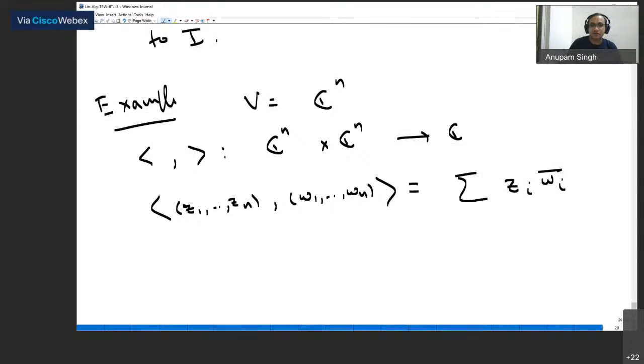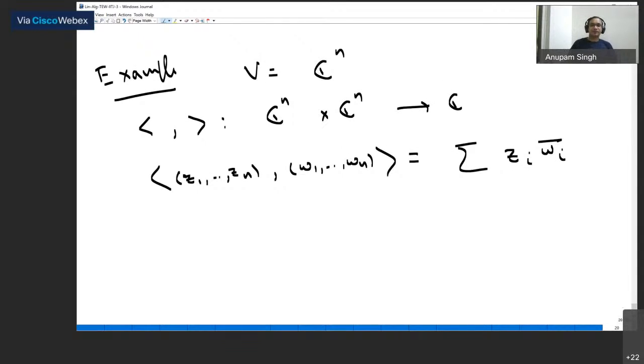And you can directly verify that this is a Hermitian form. You can see that the associated matrix, if I choose the standard basis, will be the identity matrix. And we can always convert an inner product space to something looking like this, and we'll come to that slowly.